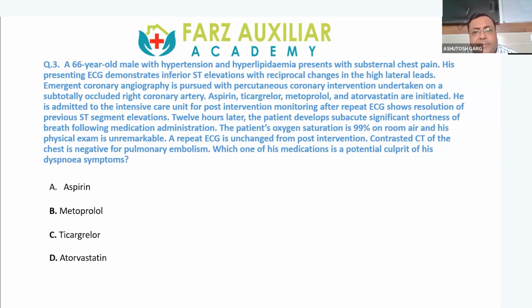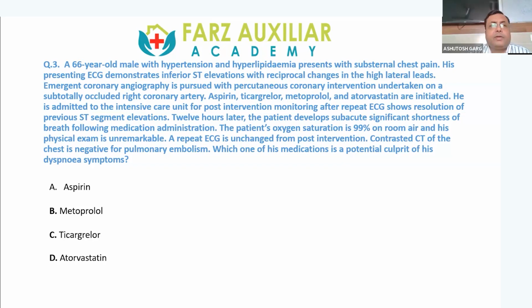Which one of the medications is the culprit for this dyspnea? Aspirin, metoprolol, ticagrelor, atorvastatin. There is a very clear-cut association of some drug with shortness of breath. So the answer is C, ticagrelor.